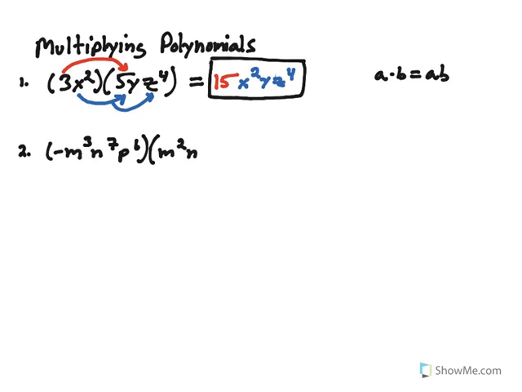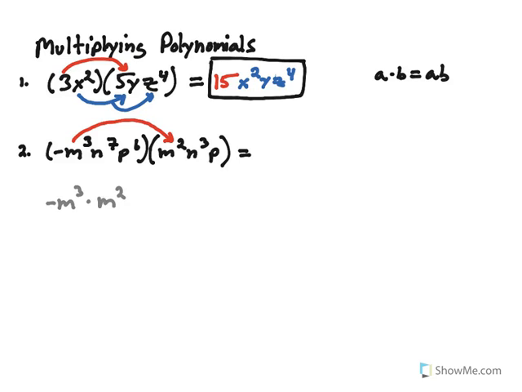M squared n to the third power p. All right. So again, we're going to start with the first variable m, okay? And we're going to multiply that negative m cubed times m squared.